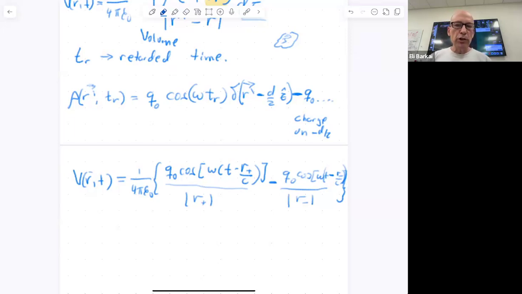This after integration is a kind of retarded time. It's not in the integration, it's after the integration. So this is what is R plus over C. It's pretty obvious. We have here the plus, the upper charge, this is the minus. We have this distance R plus, and this is where we put our observation point.